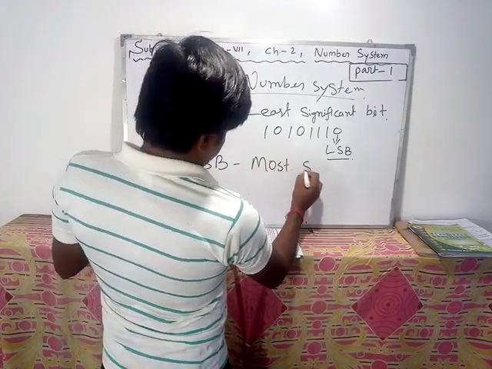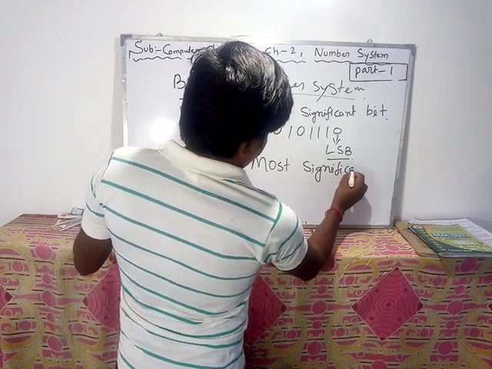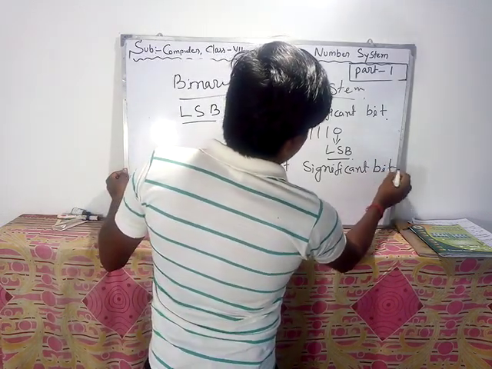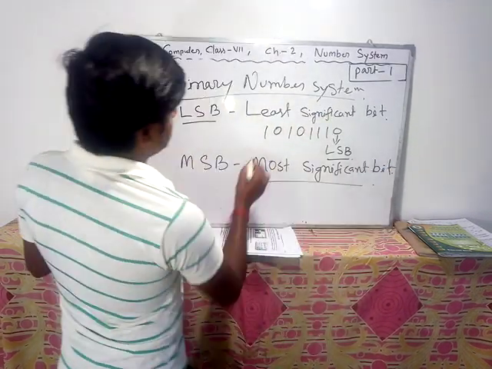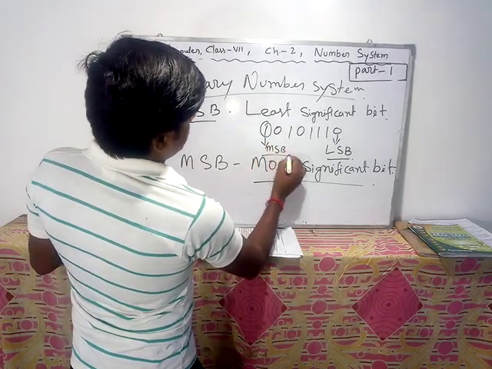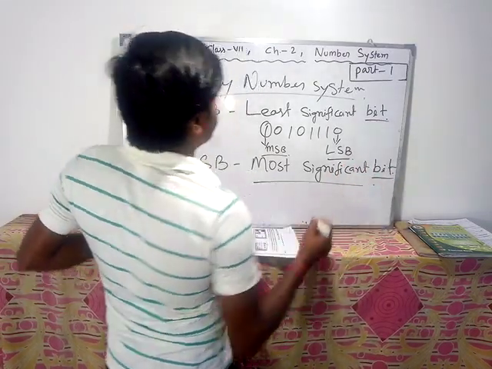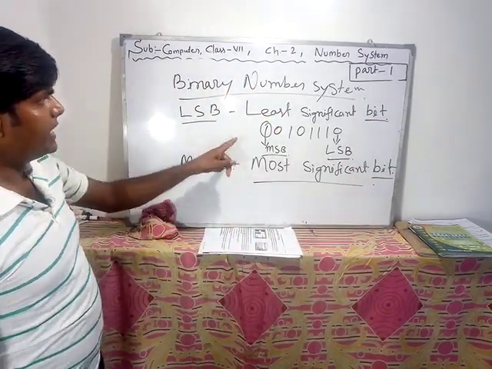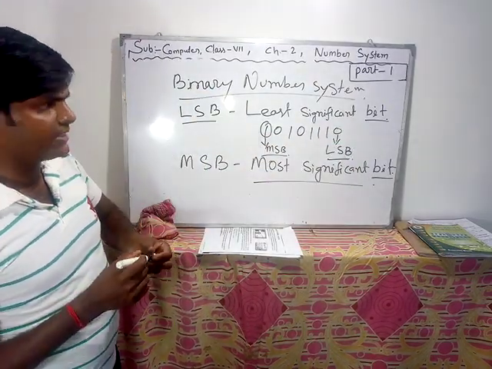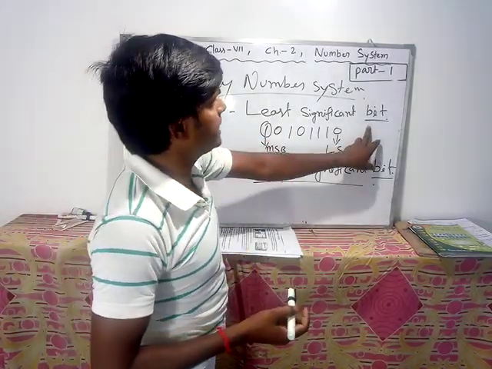Most significant bit. Clear? So which one is most? This is most, MSB. The only difference is bit and digit.